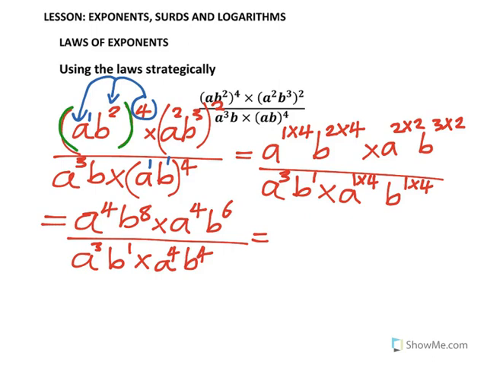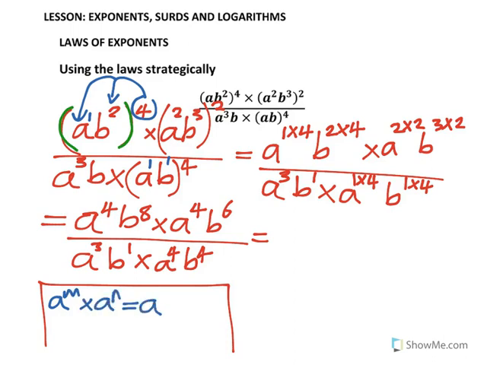Now you can actually get your final answer with minimal steps. I'm going to remind you of the 2 laws. Remember, the laws of exponents: if you have a to the power m times a to the power n, it is equal to a to the power m plus n.